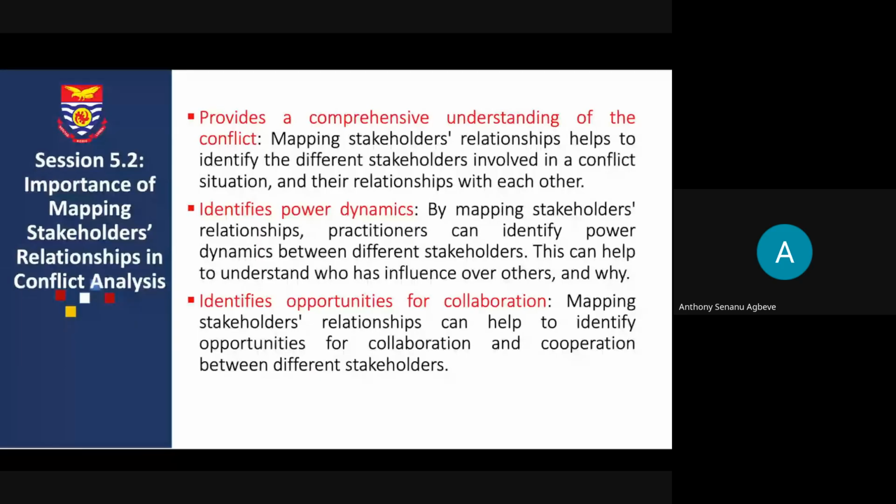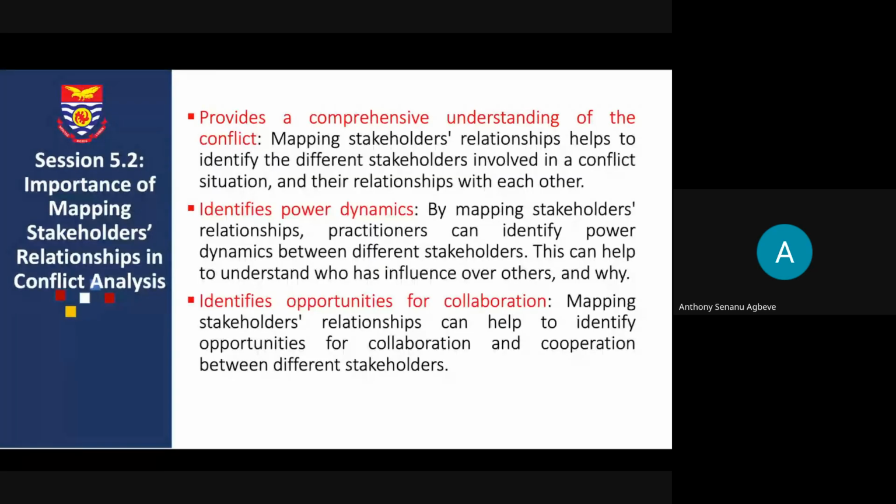And then also it helps us to identify opportunities for collaboration. So where can we collaborate? Maybe the government and the trade unions and organizations, so that there's that kind of peace and harmony, right? So that workers do not go on strike. And when they go on strike, we know the ramifications of nurses and doctors going on strike and all that.